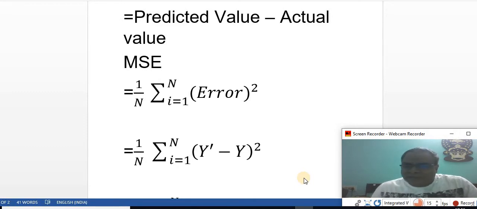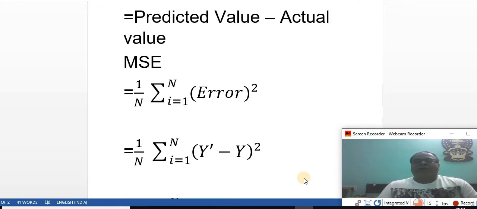When you square it, the square of a negative number is positive and the square of a positive number is also positive, and you will get the exact result. So that's why we use error square. The predicted value minus actual value can be positive or negative, so when you add these, you can sometimes get 0, or you won't get the accurate result.